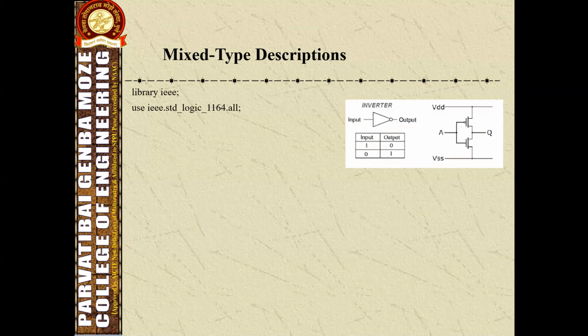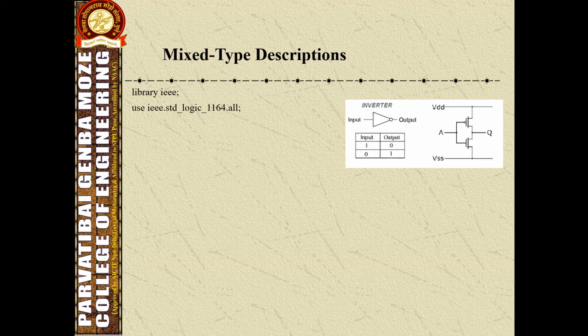In mixed type description, we are going to mix many types of description. If some application or device has a large number of structures, a single type of description is not suitable. So according to the application, we can mix many descriptions to make it flexible.